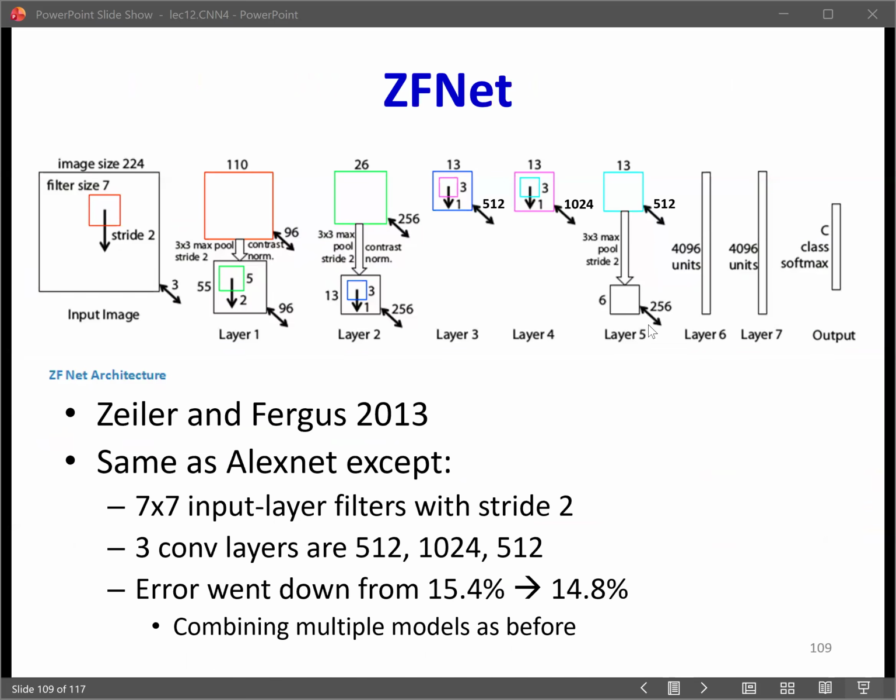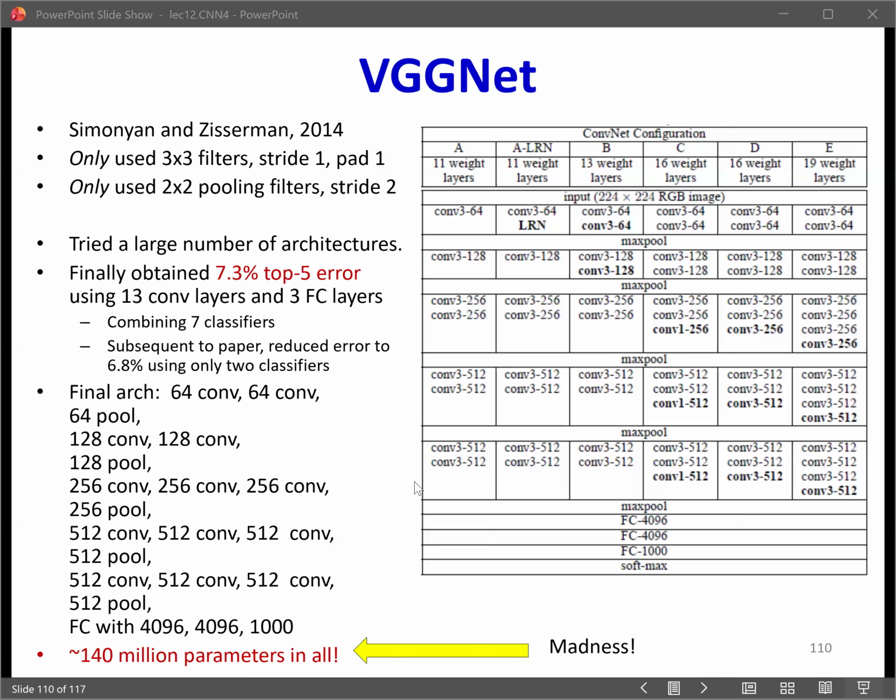Of course, once somebody jumps into the fray, others jump in as well. Zeiler and Fergus trained a small variant of AlexNet and reduced the error from 15.4 to 14.8. Then the VGGNet guys ran an insane number of experiments with 140 million parameters, which was considered too large for the day, and brought the error down to 7.3%.